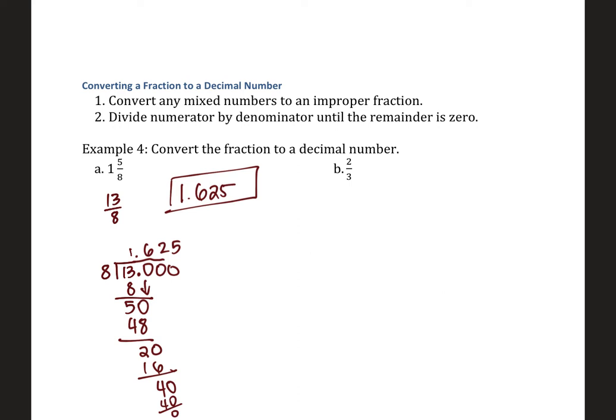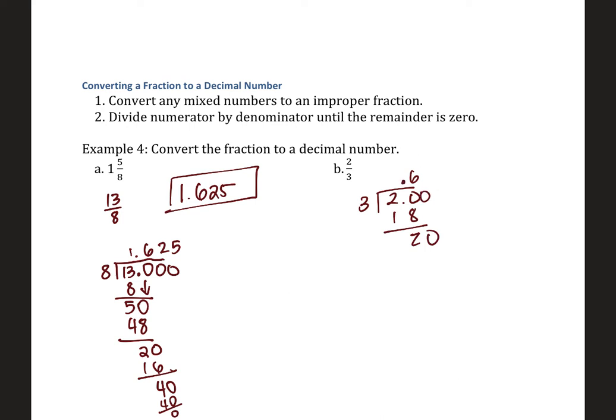2 over 3, I know it's going to be 2 divided by 3. 3 cannot go into 2, so I'm going to add a 0 right here. 3 can go into 20 6 times. 18. We actually did this one before, right? We see this one is going to keep repeating.